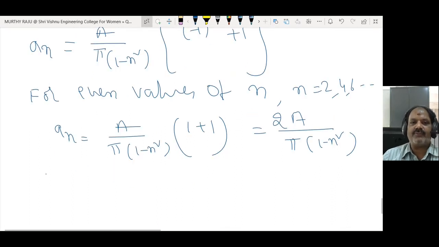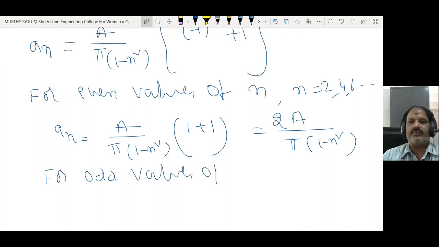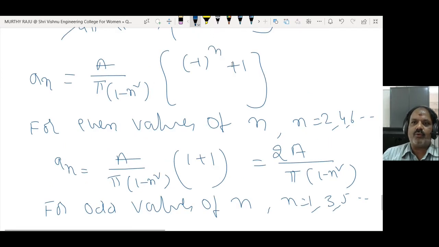For odd values of n, n is equal to 1, starting from n is equal to 1 to infinity. Split into 2 values, even values and odd values. N is equal to 1, 3, 5 and so on. For n is equal to 1, minus 1 whole power 1 is minus 1, plus 1 is 0.